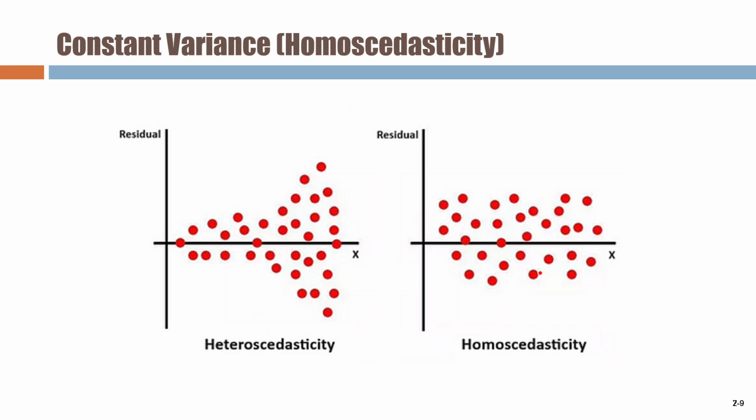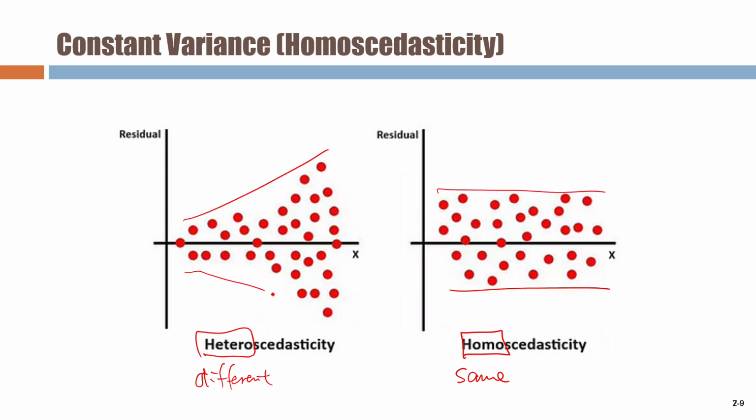Constant variance, which we already discussed. Homoscedasticity. Actually, I still have a problem pronouncing it. Hetero means different, right? And homo means the same. So everywhere there is a similar variance, but here the variance is getting bigger as x is getting bigger.